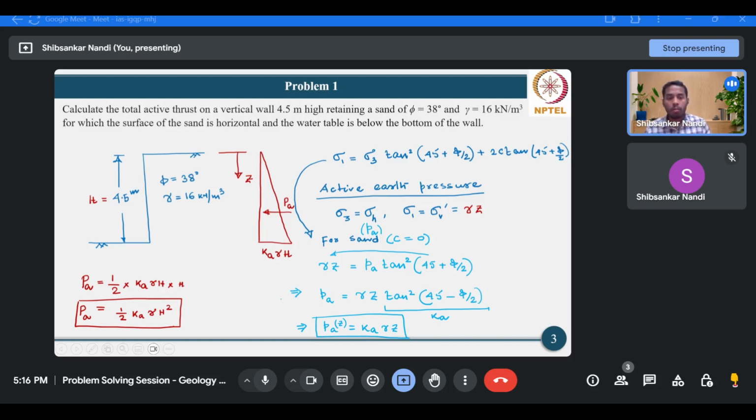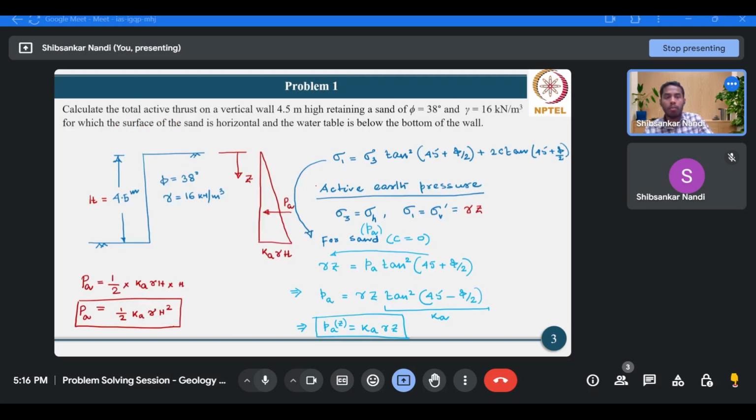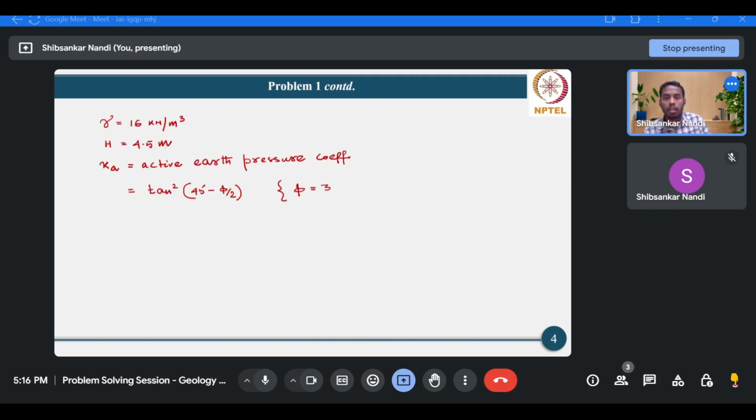It will be on the denominator, so 1 upon tan square 45 plus phi by 2 becomes tan square 45 minus phi by 2. Therefore this active earth pressure coefficient is tan square 45 minus phi by 2. And for this problem, what is the phi value? Phi value is 38.